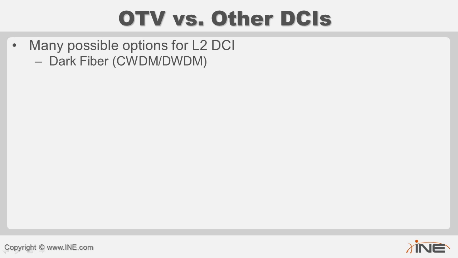So if I have a single mode fiber, maybe the individual max signal is 10 gigabits. I could be multiplexing that 12 times and get 120 gigabits over the single fiber.